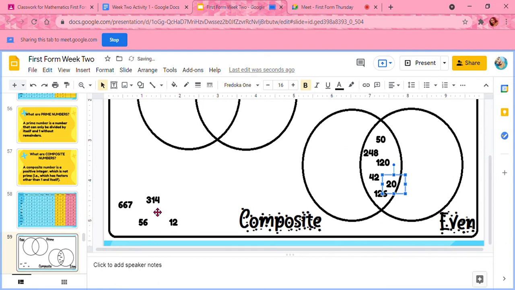How about 314? Even and composite. Very good. The number 12? Even and what else? Composite. Even and composite. The number 56? Even and composite.